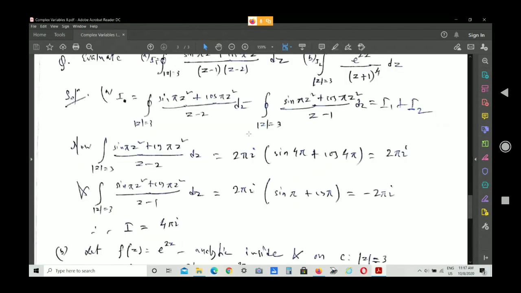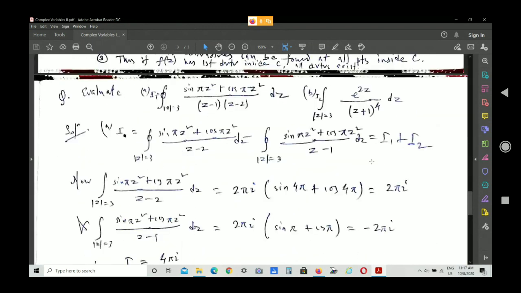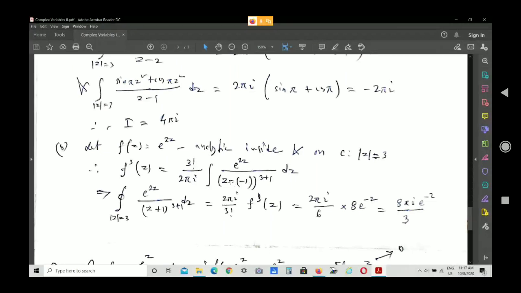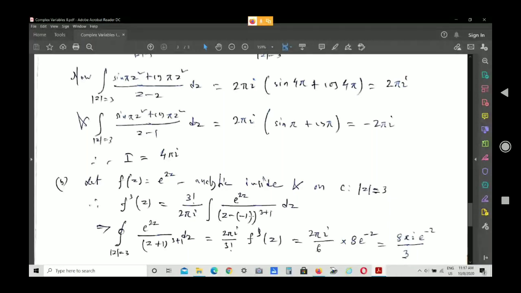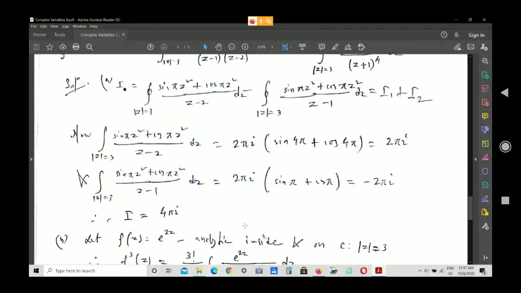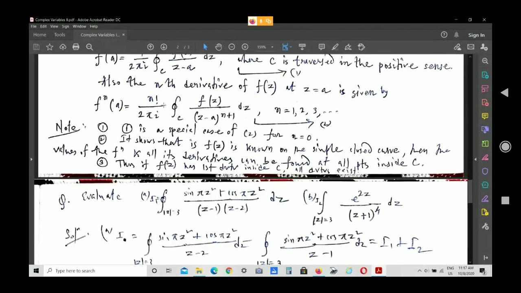Here, a similar situation. This function (z plus 1) to the power 4 may be written as (z minus (-1)) to the power 3 plus 1. Matching with Cauchy's integral formula, you can see that f^(n)(a) equals n factorial by 2 pi i integration of f of z divided by (z minus a) to the power n plus 1.